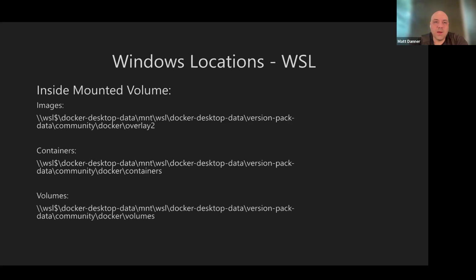And then inside the mounted volumes, this is just the breakdown of the locations of where the images, containers, and volumes are located. When we talked about images and containers, these are basically just files on the system, and these are cache locations of where this data ends up being stored.